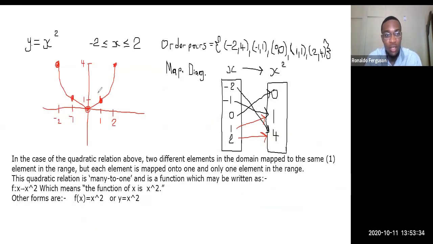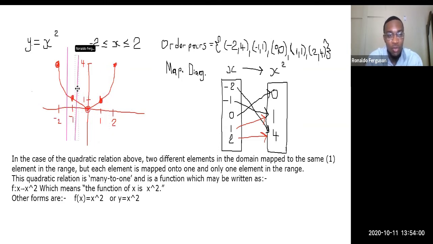Let's go to the graph of y equals x squared. Anywhere on the graph right here, let's say we draw a vertical line. If we draw a vertical line anywhere on the graph, it's only going to have 1 point of intersection. Now, remember this line right here, we can always move it, right? So look, another vertical line, only 1 point of intersection.